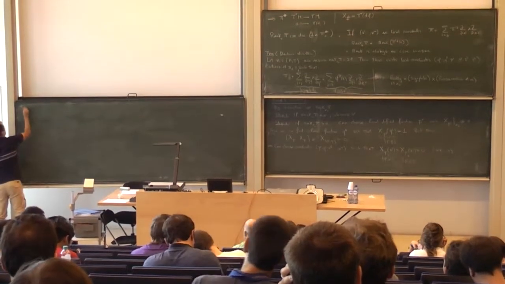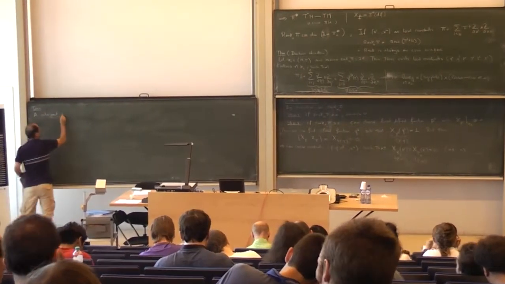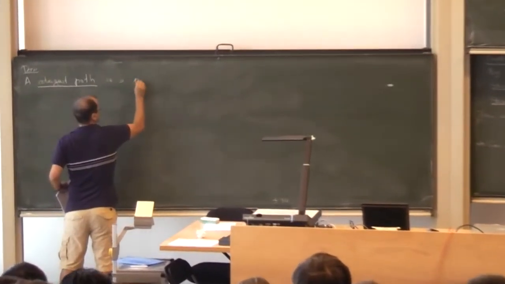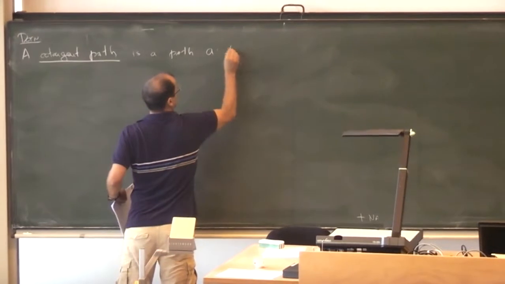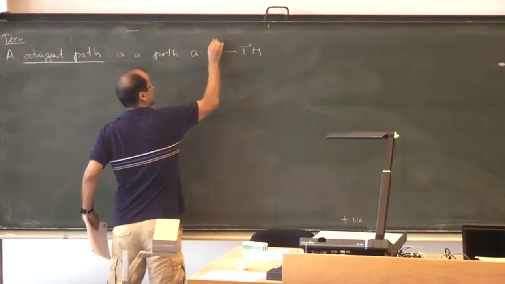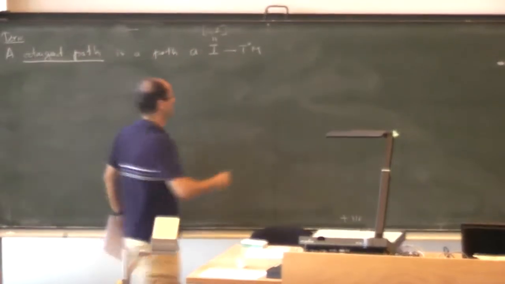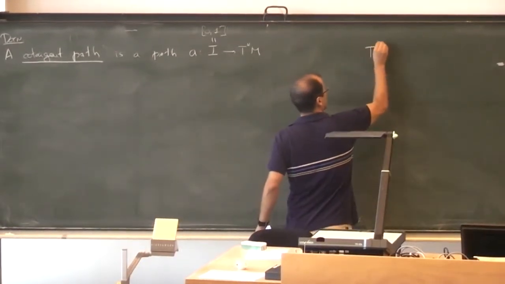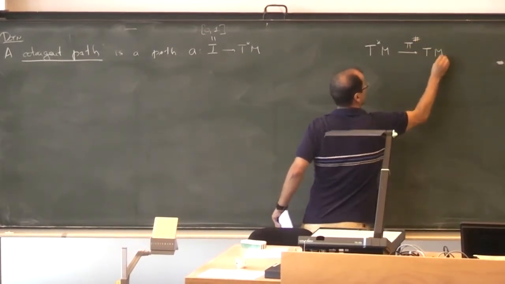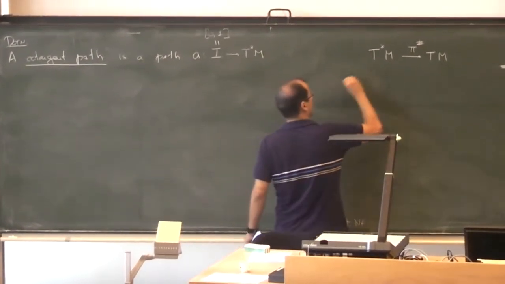So here is a definition. A cotangent path is a path in the cotangent bundle. I will denote the interval 0, 1 by the letter I. So we take a path and it satisfies an extra condition. So what is the extra condition? Let's see. We have a Poisson tensor that gives us a way of going from cotangent to tangent vectors. And now I'm saying that I have a path in here.